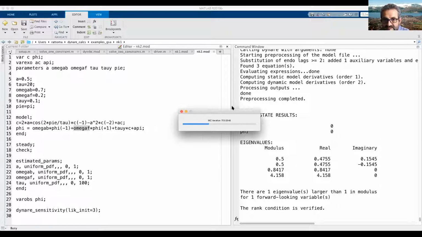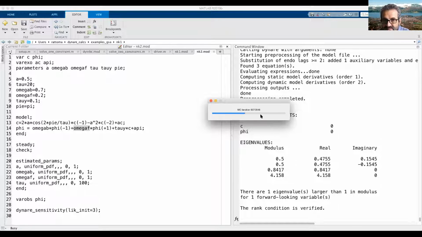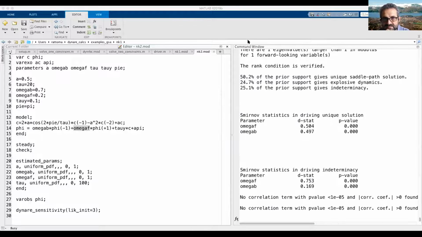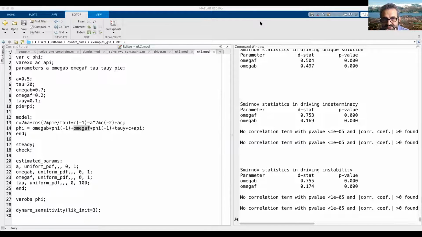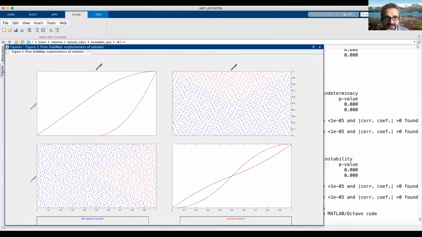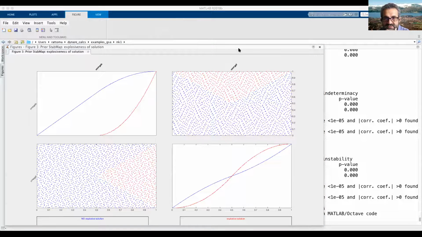You don't see there is a bar that progresses, Monte Carlo. Okay, do 2000 iterations, could be less than that, but 2000 is the default. So typically for large models, I would go for a couple of hundreds. Still you get something useful. Okay, so now I dock again all the figures such that you can see them.